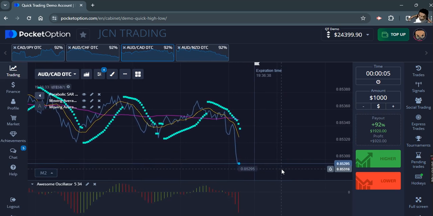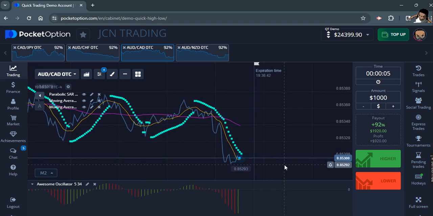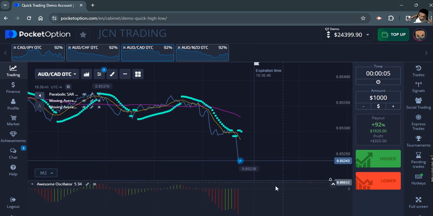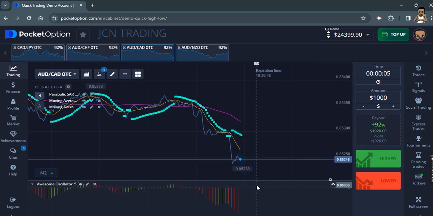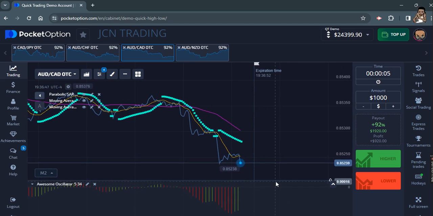So now I'm going to explain to you guys what I'm doing. If I see the market as so, the bars are under the zero line, the lower the bar is, the stronger the sell is.